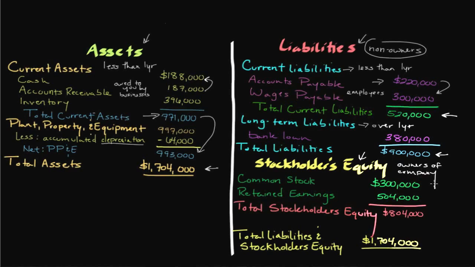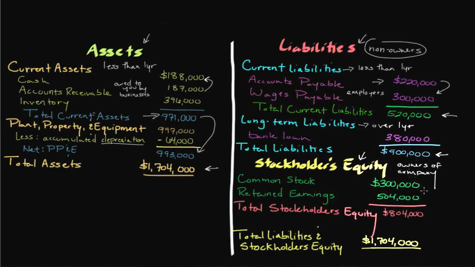Mainly our shareholders, people that purchase stock in our particular company, and they have a claim on assets. If you recall from before, it's a residual claim on assets, and so the liabilities need to be met first. Anything left over, if the company is forced to liquidate, gets paid to the shareholders.